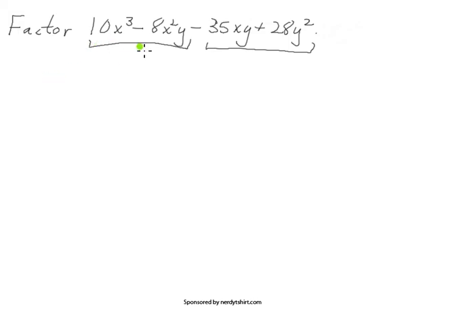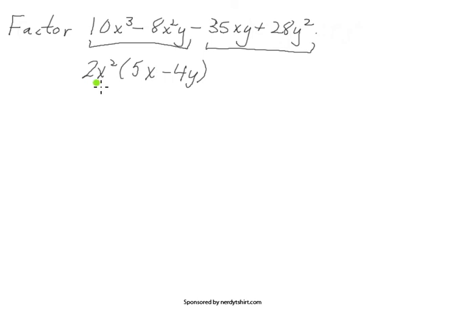So when you look at just this first grouping of two terms here, the two leading terms, now there is a greatest common factor that you can pull out of just that little half there. You can get a 2 and an x squared simultaneously out of both of those terms. That leaves behind a 5x and a minus 4y.